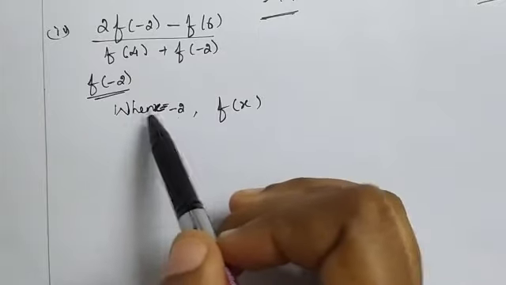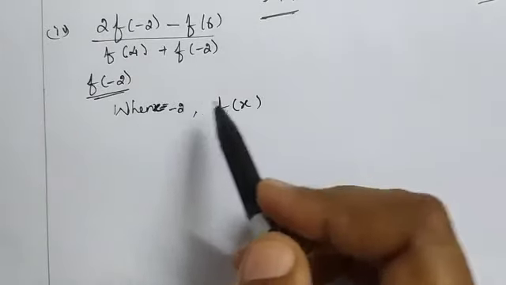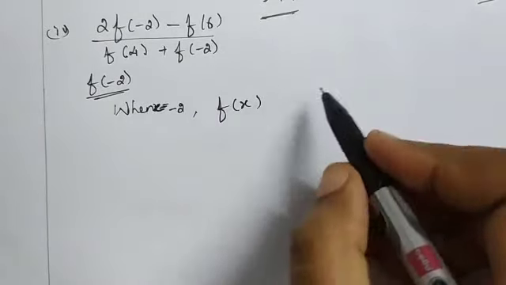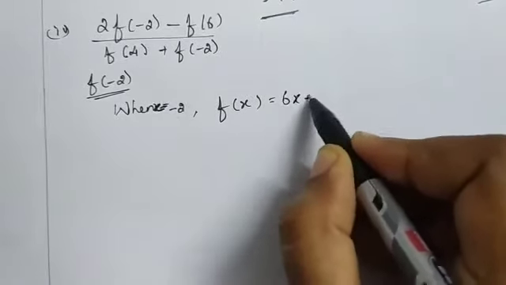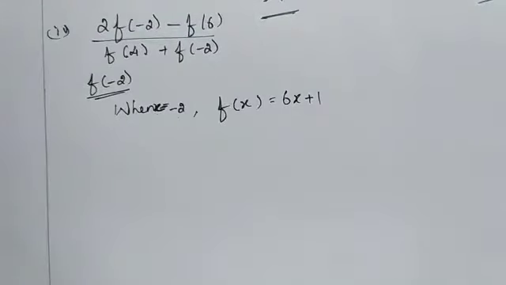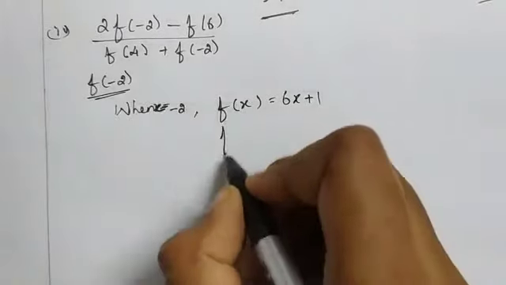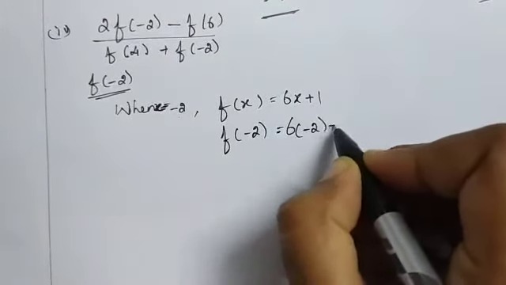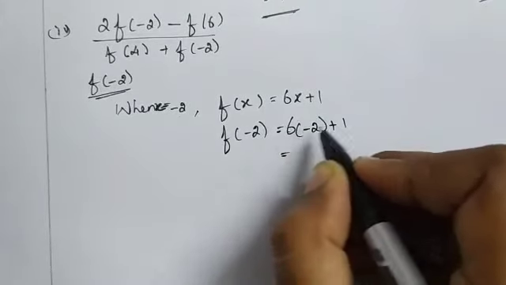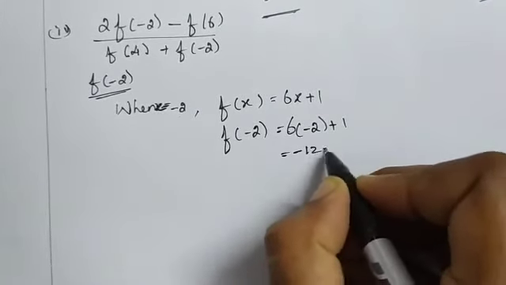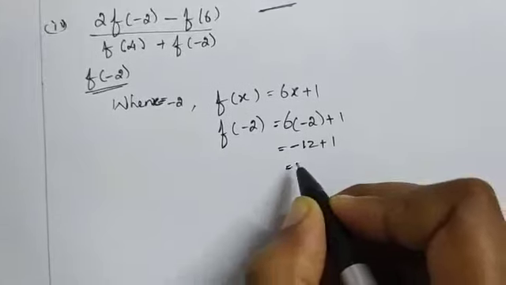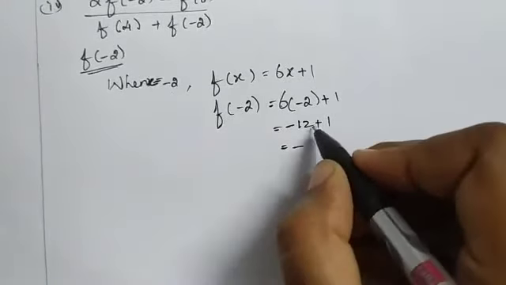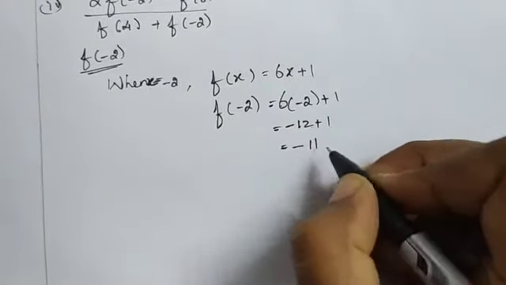When x is equal to minus 2, f of x is equal to 6x plus 1 because minus 2 is in the first line. 6 into minus 2 plus 1. 6 into minus 2 is minus 12, plus 1. Different sign: put the biggest number's sign and subtract. 12 minus 1, that is 11.